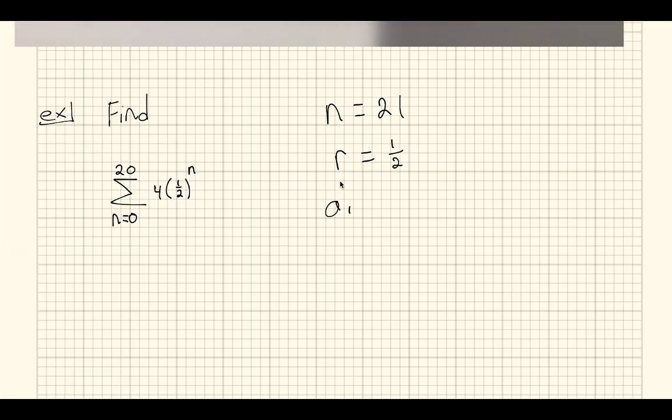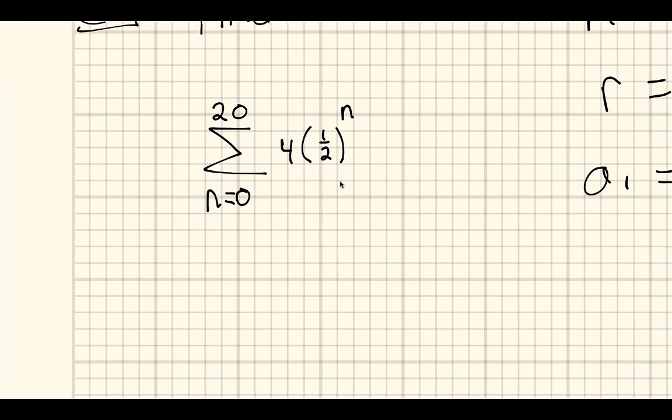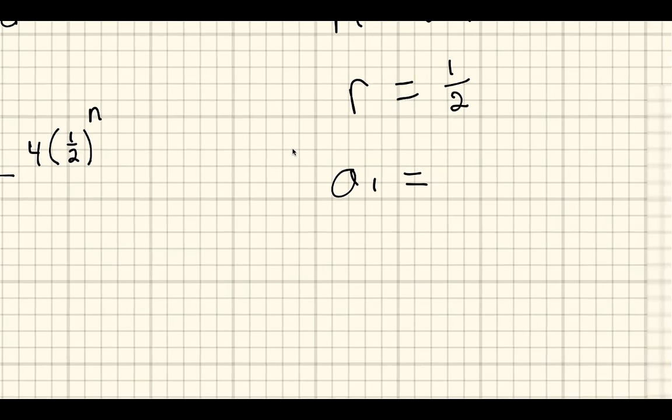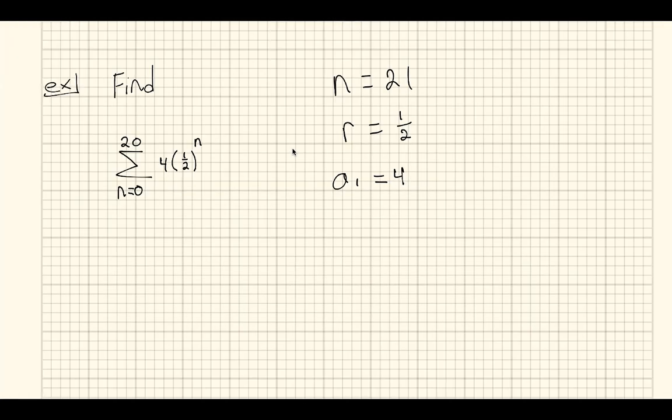A sub 1, that's my first term. If I plug in 0 for n, 1/2 to the 0 power, remember anything to the 0 power is 1. 1 times 4 is 4. So my first term is going to be 4. Those are the three things I need.